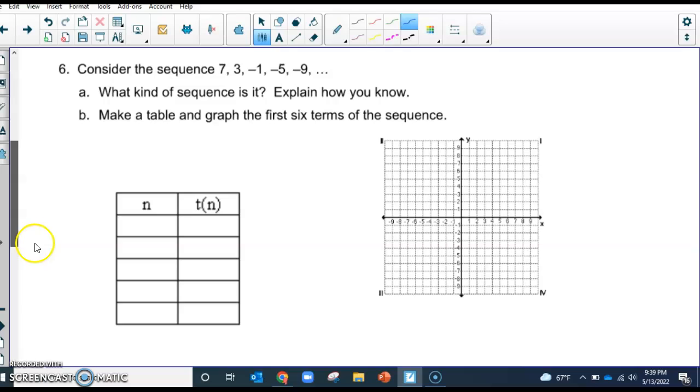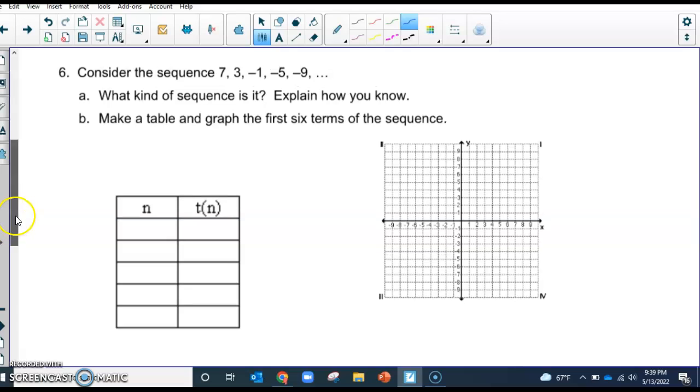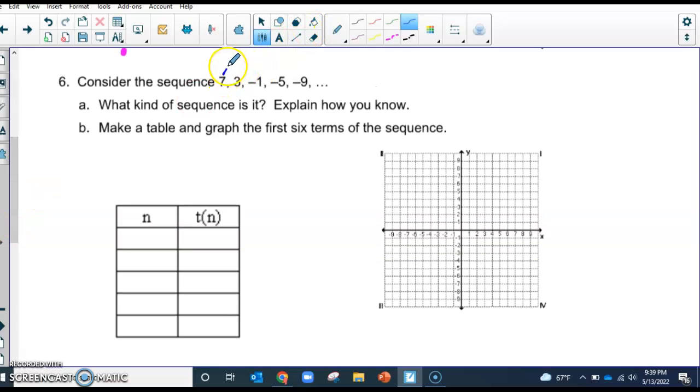Moving on to 6, we're looking at sequences. For this sequence, I need to determine what kind of sequence it is and how I know. So to get from 7 to 3, I'm subtracting 4. Same thing here, same thing here, same thing here.